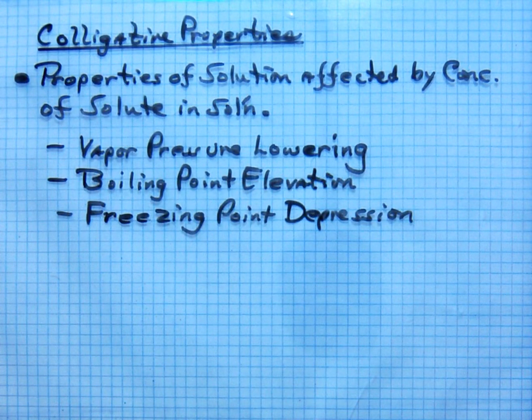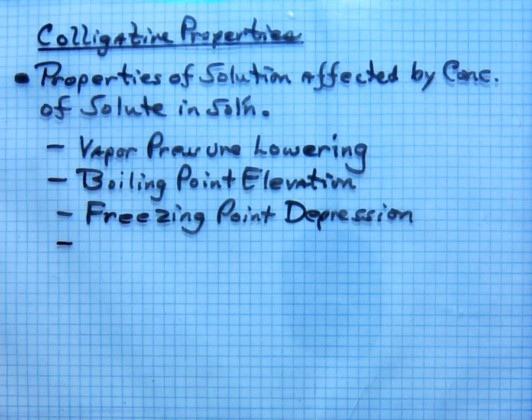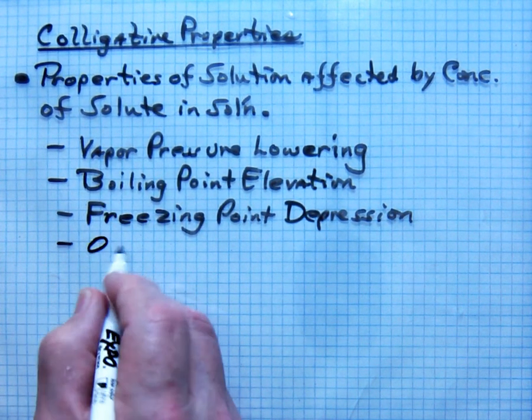So this is what this idea is generally about: the formulation of solutions that have higher boiling points and at the same time lower freezing points, and we'll get to the technology here in a few minutes. And the last one in here is the osmotic pressure.